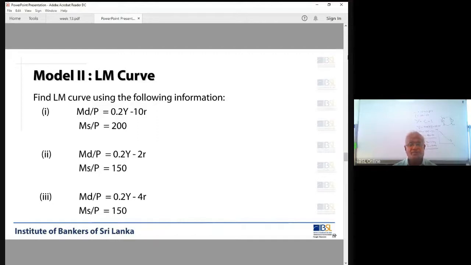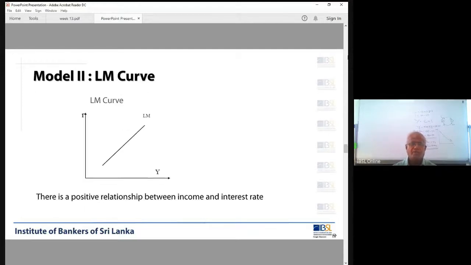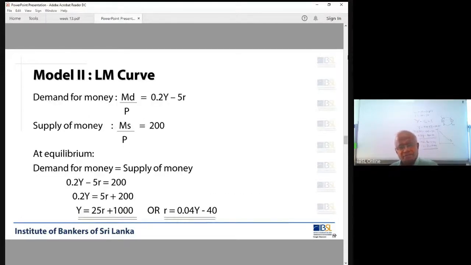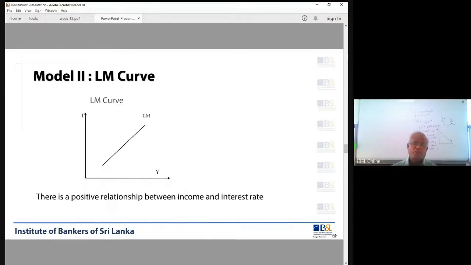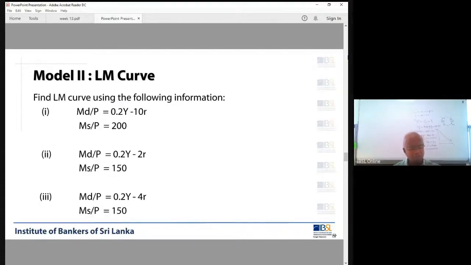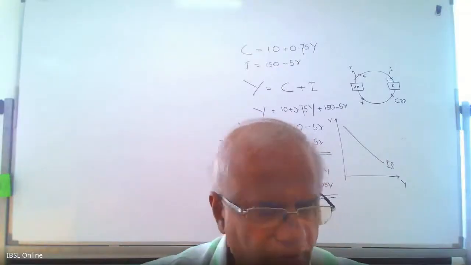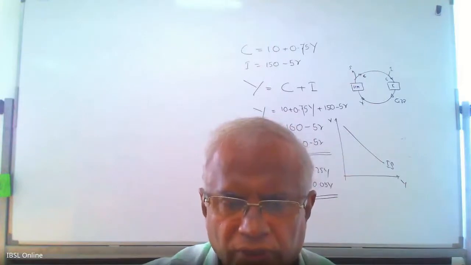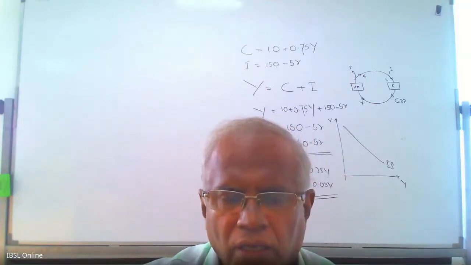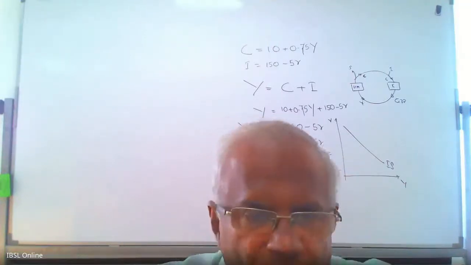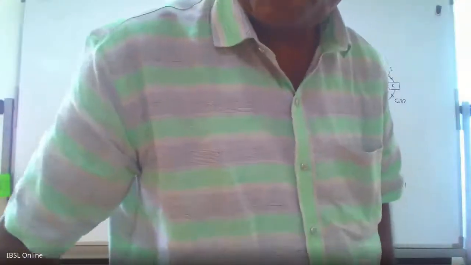Demand for money equals supply of money. Please work out and derive the relationship. At the end, you have to derive an equation like this. It's very easy. I give you 5 minutes. Take the first question.